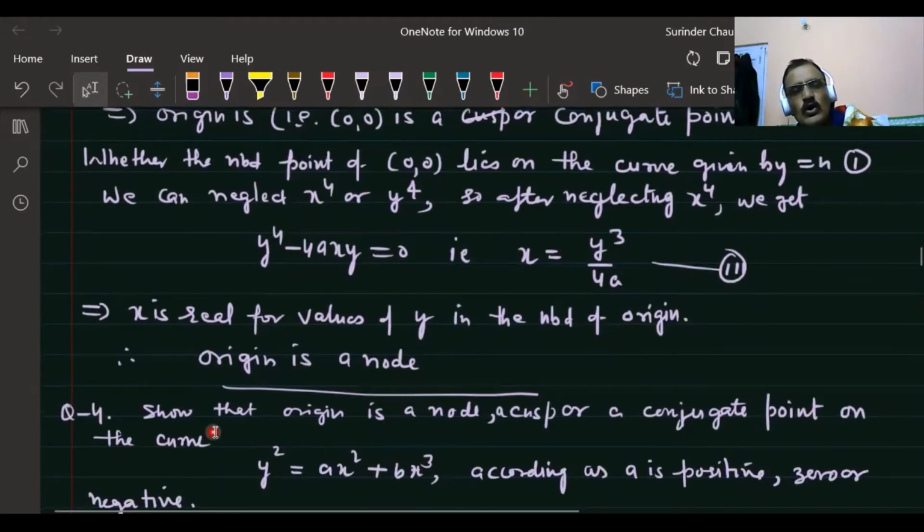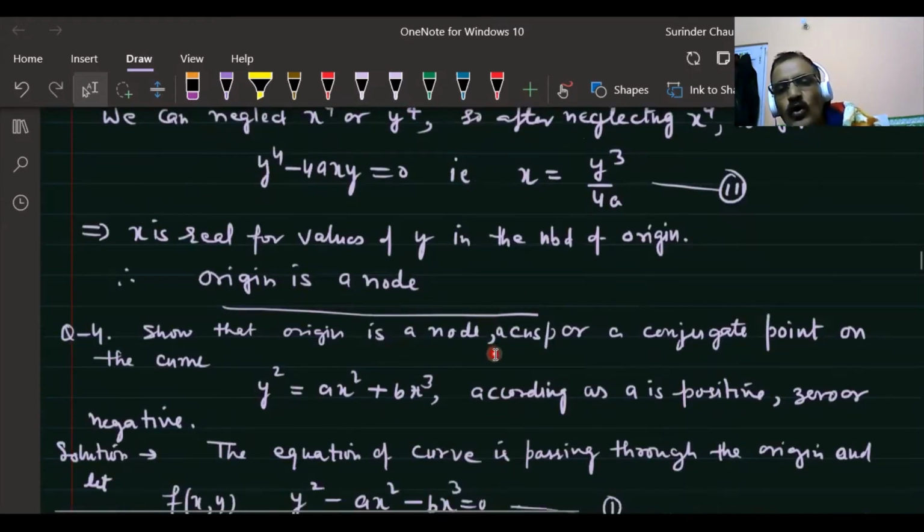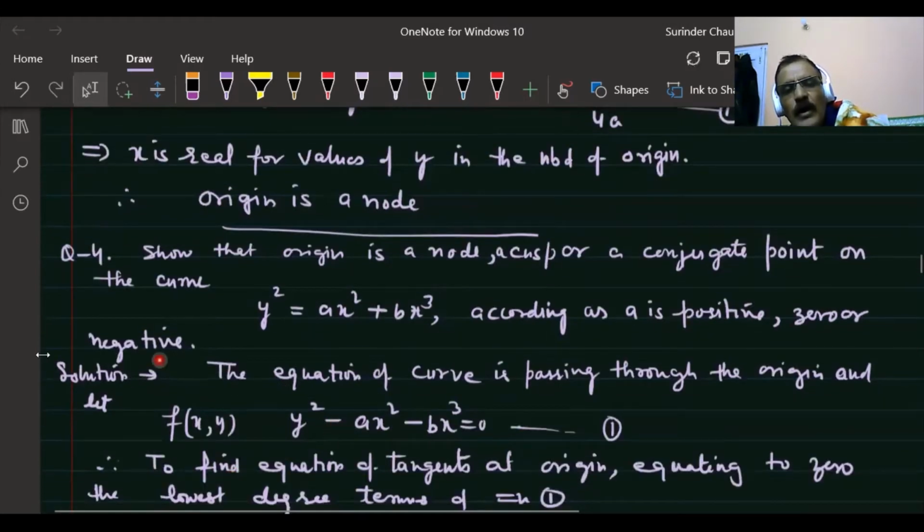Next problem. Show that the origin is a node or a cusp or a conjugate point on the curve y squared is equal to ax square plus bx cube, according to a positive, negative or zero. Now again, this is f(x,y). There is no constant term, and the lowest term is the second-degree term in x and y.